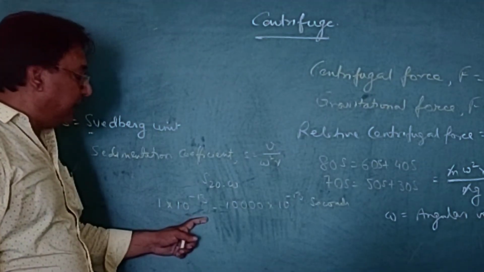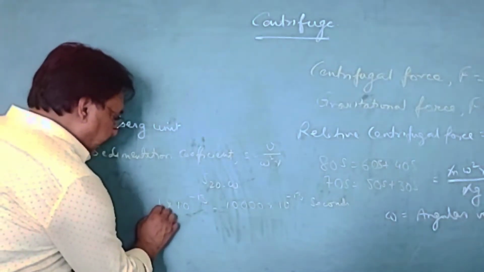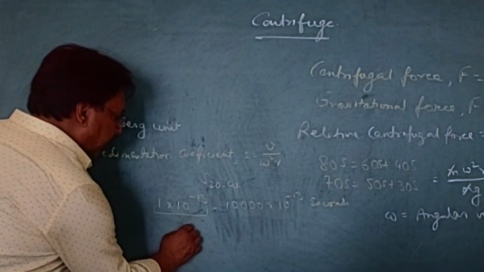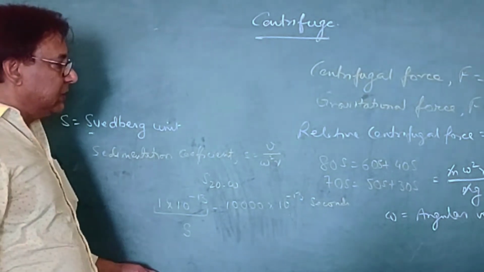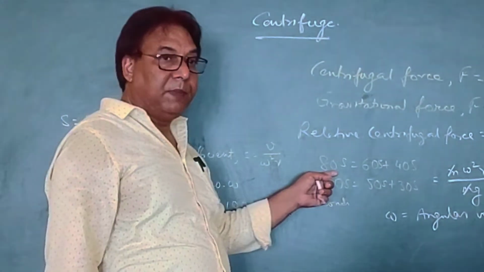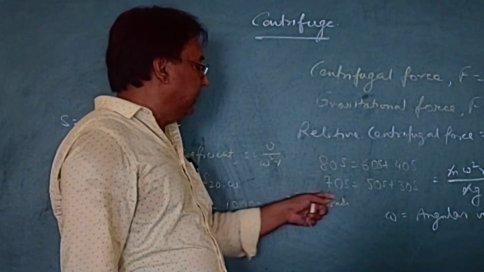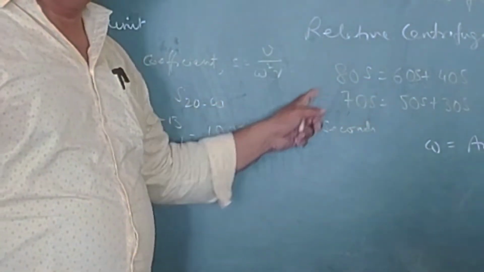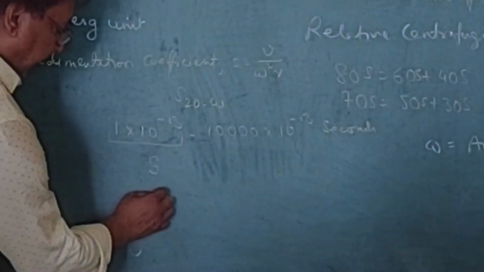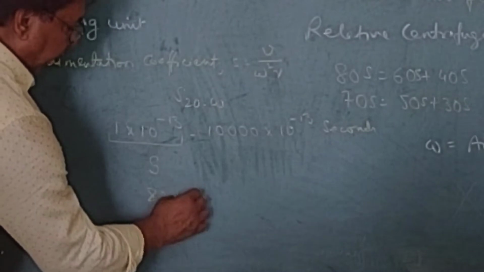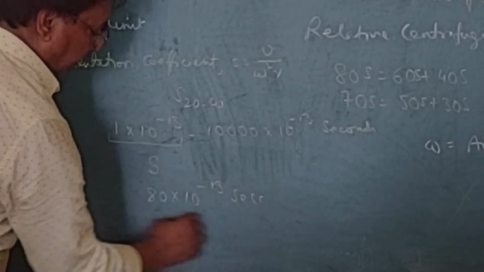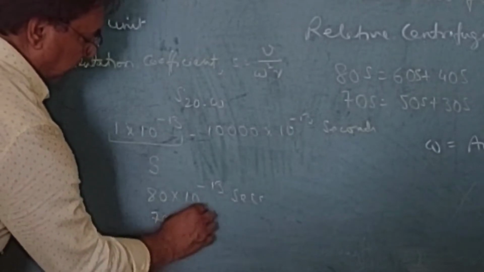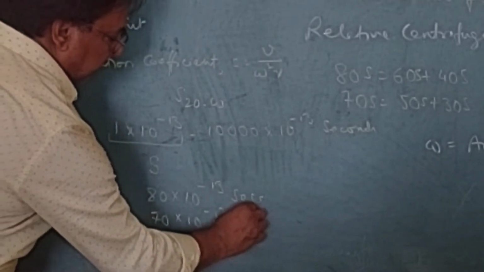This 1 into 10 to the power minus 13 seconds is equivalent to 1 S, Svedberg unit. That means these ribosomal particles, 80S or 70S, have a sedimentation coefficient of 80 into 10 to the power minus 13 seconds, or 70 into 10 to the power minus 13 seconds, like this.